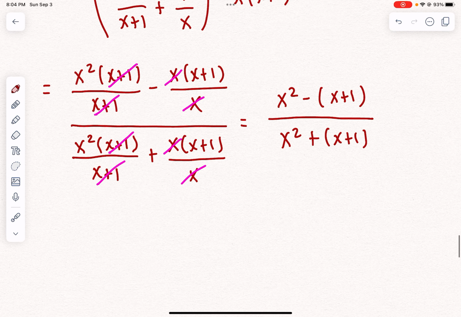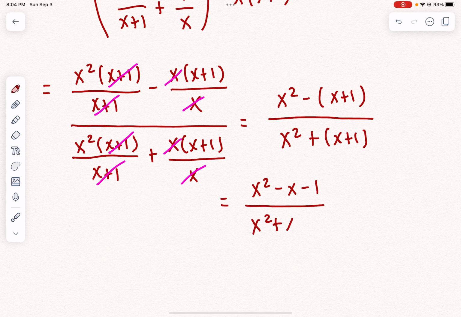If we simplify that even further and distribute this negative into each of these terms, we get x squared minus x minus 1 all over x squared plus x plus 1.